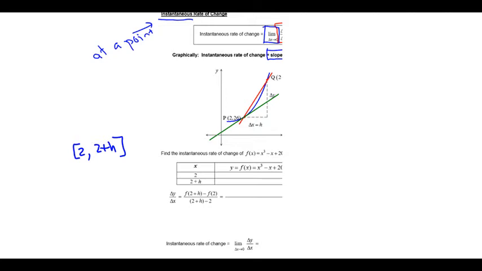So we first need to figure out what is f of x when x equals 2. So we'll substitute 2 into our equation, and this will be our point P. We have 2 cubed minus 2 plus 20, which is 8 minus 2 plus 20, so 26. The second end of our interval, which we will call Q, is when x is 2 plus h.